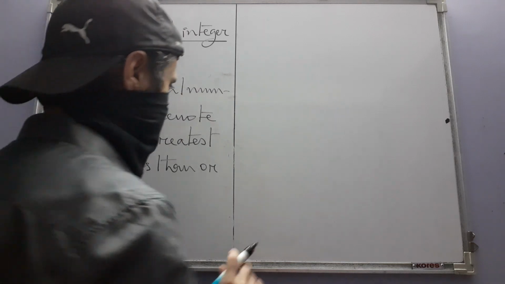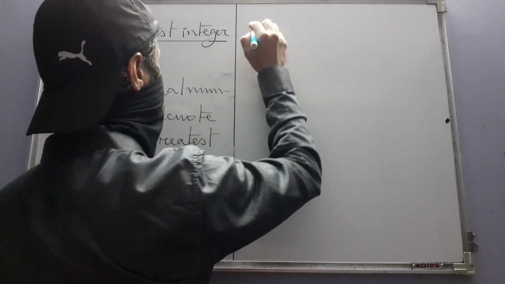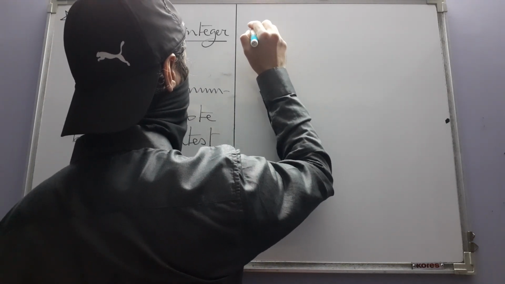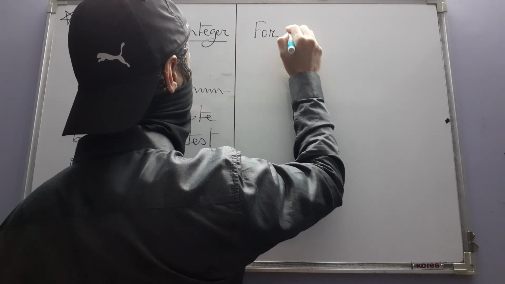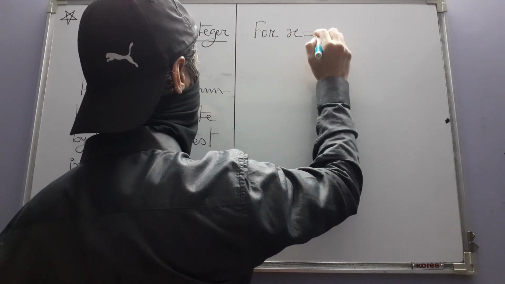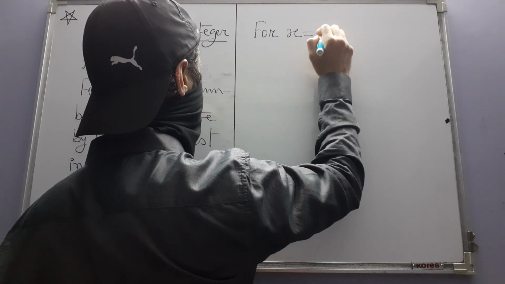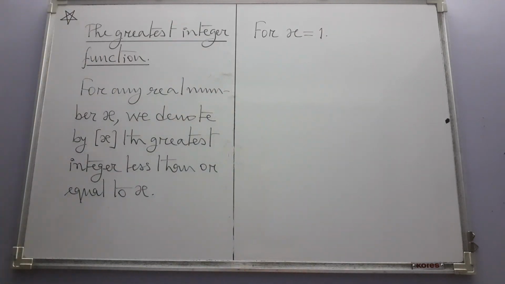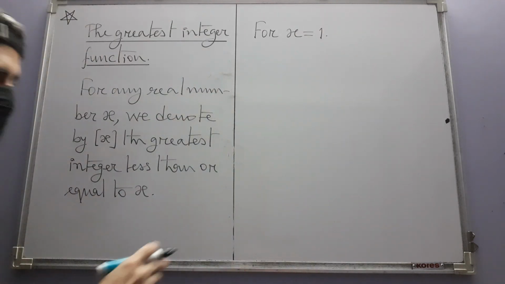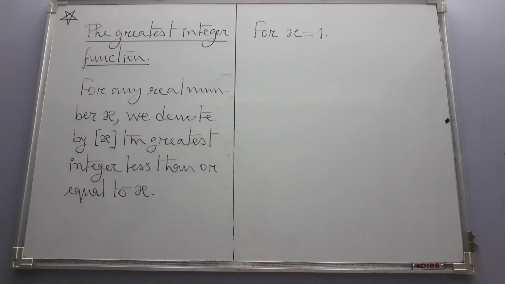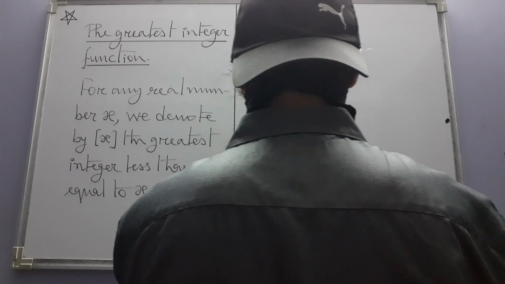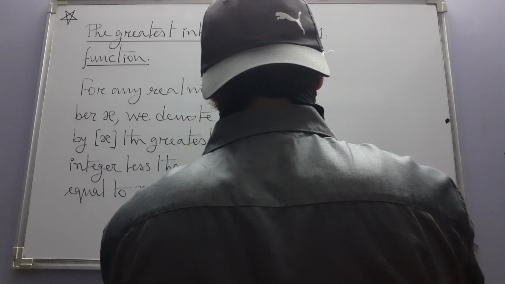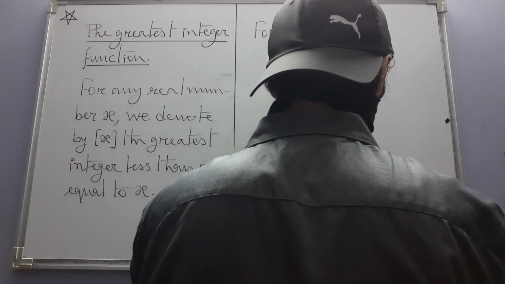Let me first take x equal to, say, 1. And let me draw the drawing here. Not the graph, that will come, but before that, for our help, we are going to draw simply the real line here.